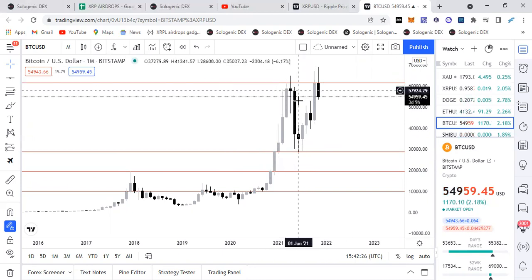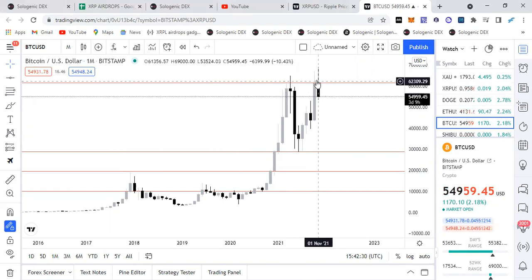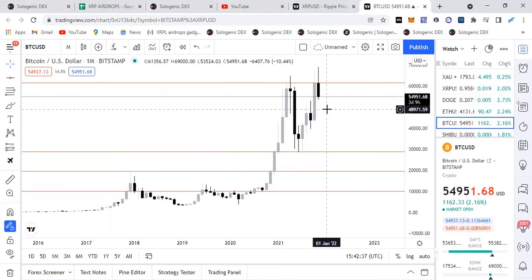It was telling us it's going to come and grab that liquidity. But what this was looking like was a small fake out for a support level somewhere around here in this zone.